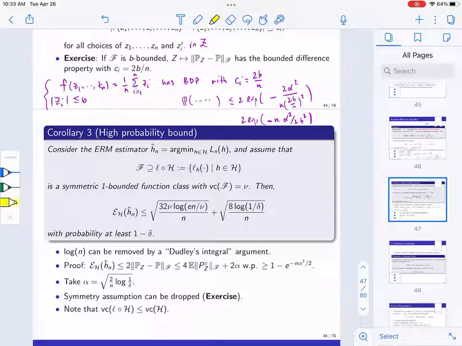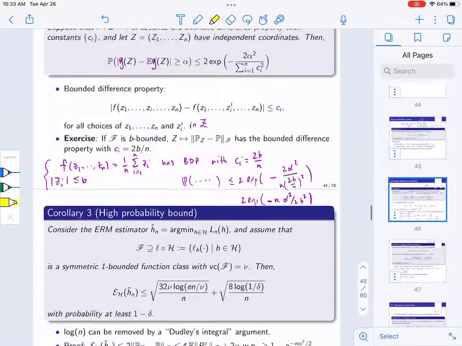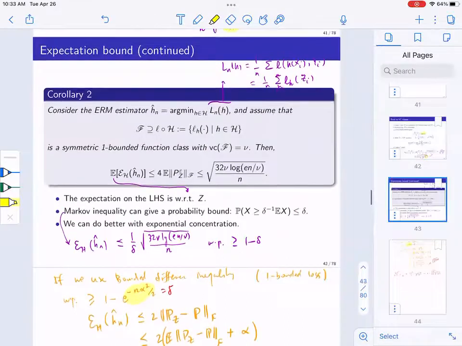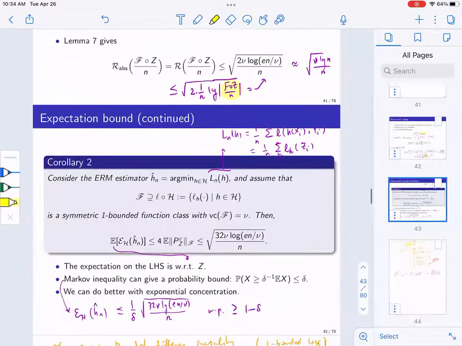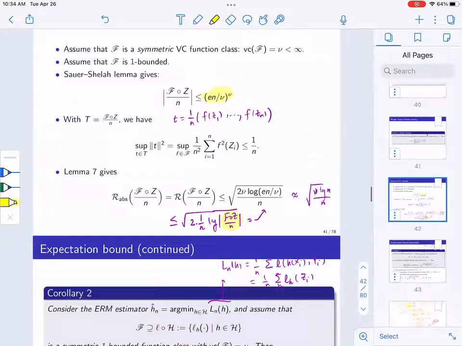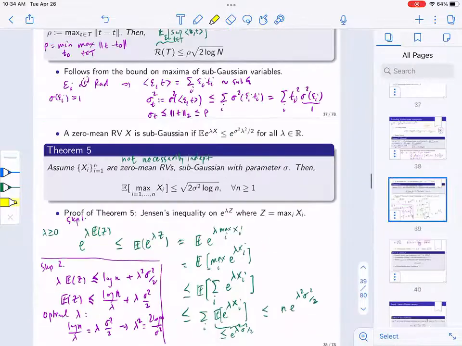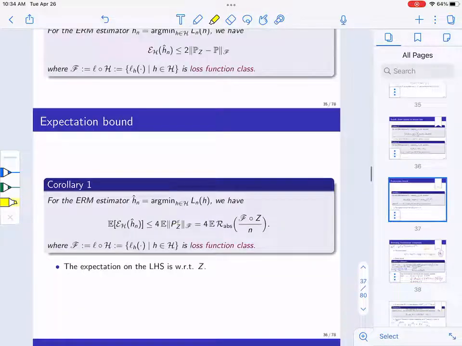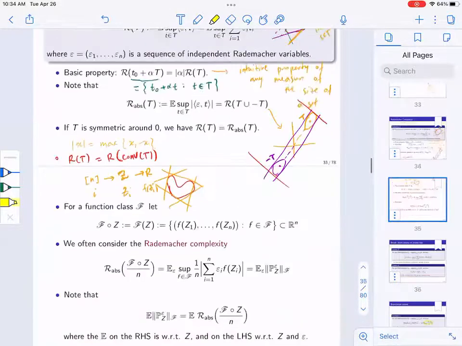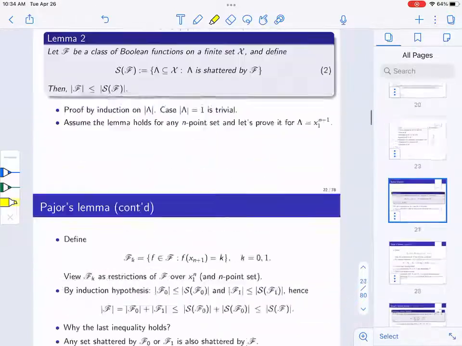If you go back to how we did this, instead of the absolute value of the Rademacher process appearing, you can have just the Rademacher complexity without the absolute values. Then you don't need the symmetry. And just to hint, maybe I'll assign this as a homework problem as well.